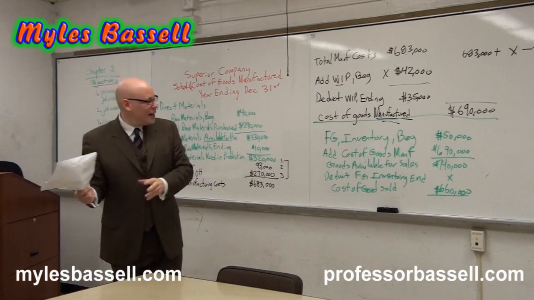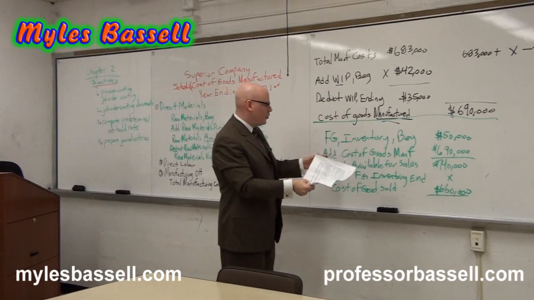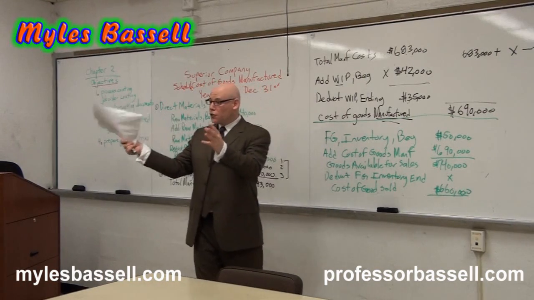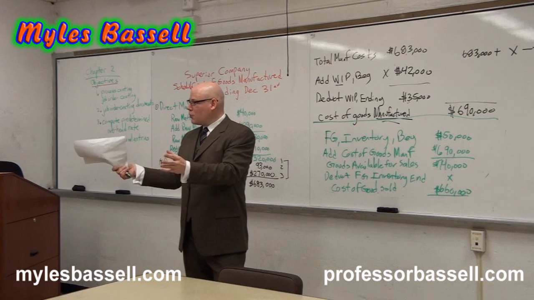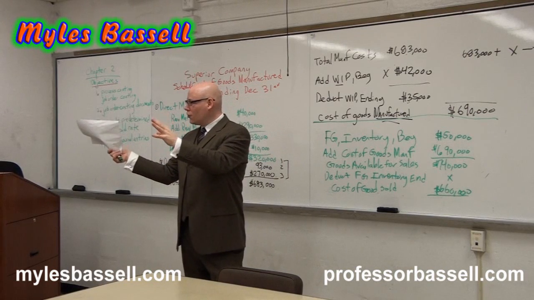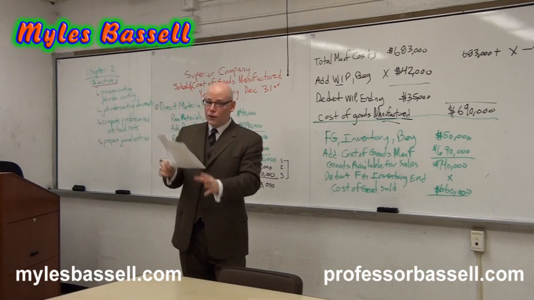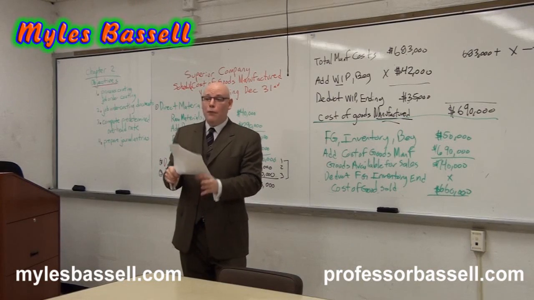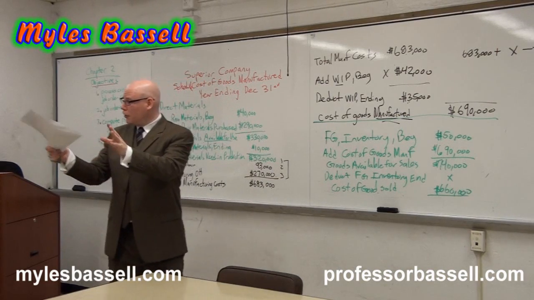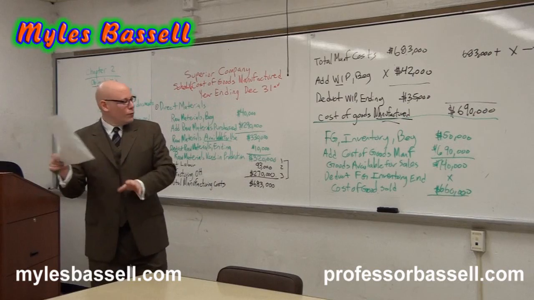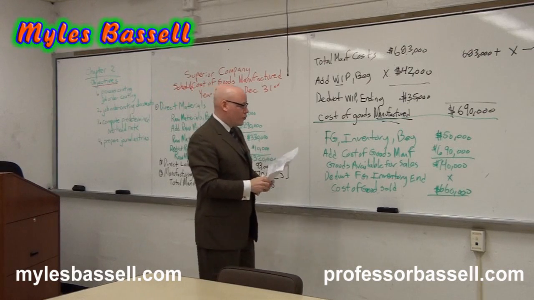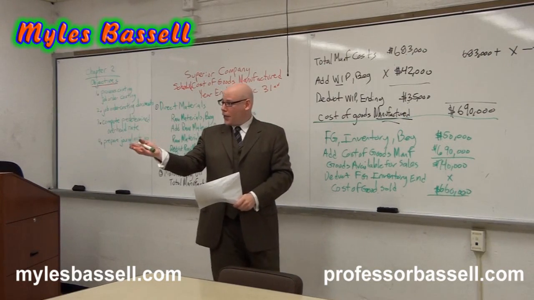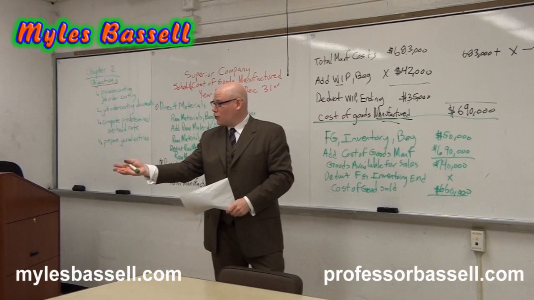What we need to understand is not the cost of goods manufactured, but the cost of the goods that we sold. Because on the income statement, from sales, we subtract the cost of goods sold. And we're also going to subtract the selling, general, and administrative. But first we're going to subtract the cost of goods sold, which for many companies is very significant. That's a significant percentage of their sales.